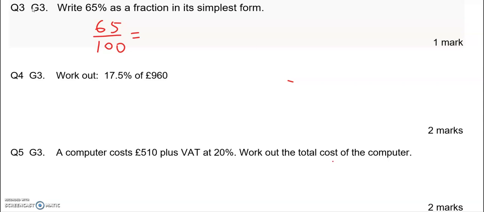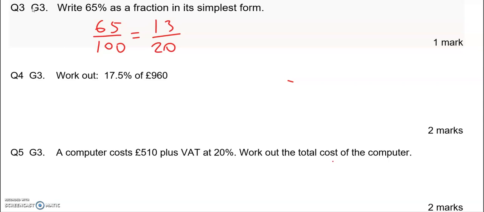So this becomes 13 out of 20. And 13 is a prime number, so we can't go any further. We know that prime numbers can only be divided by themselves and by 1. And this is what the simplest form of 65% is.